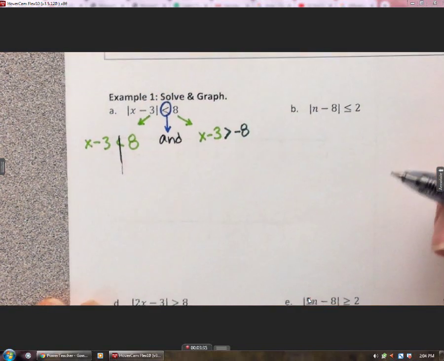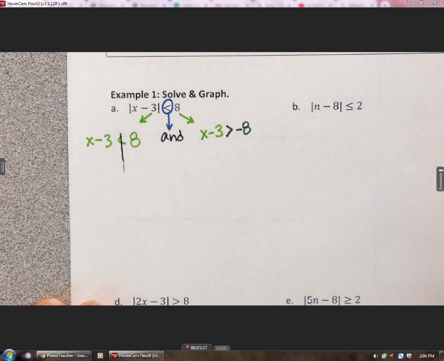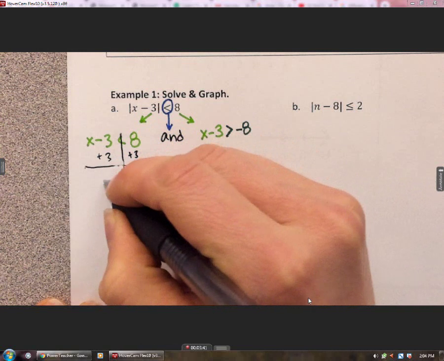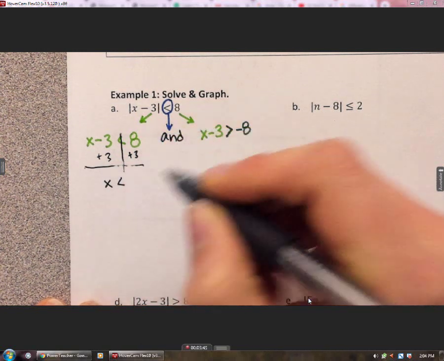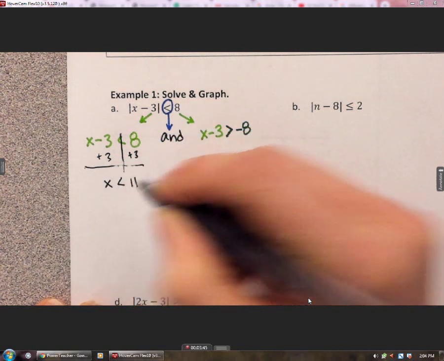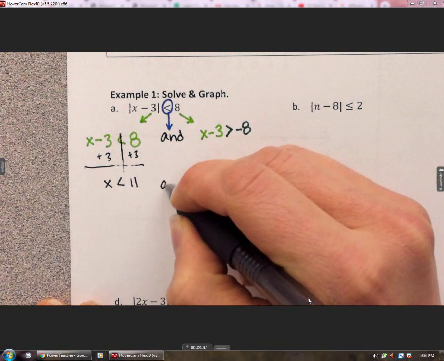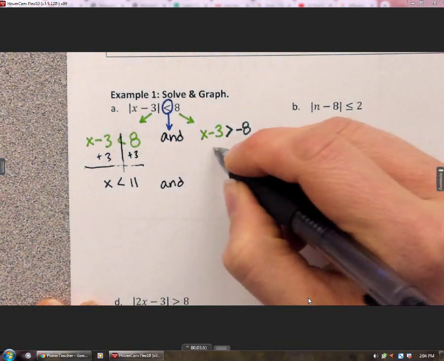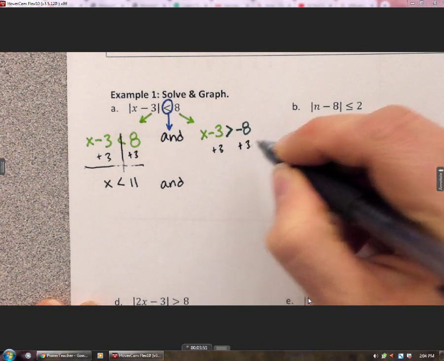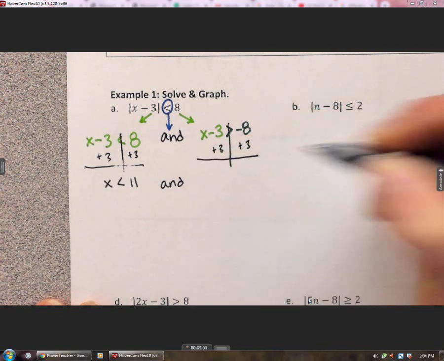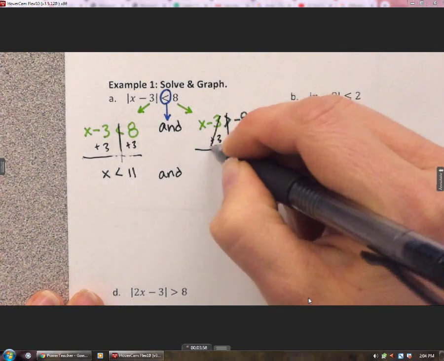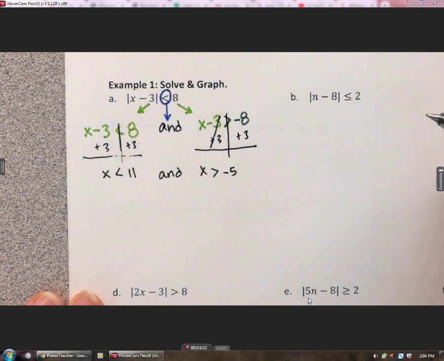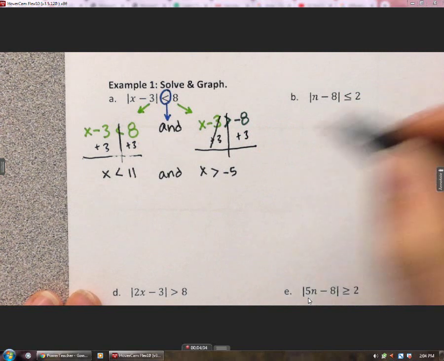How do you get x by itself? Add 3. So I'd have x is less than 8 plus 3. It's 11. And add 3 on the other side, so we have x is greater than negative 5.